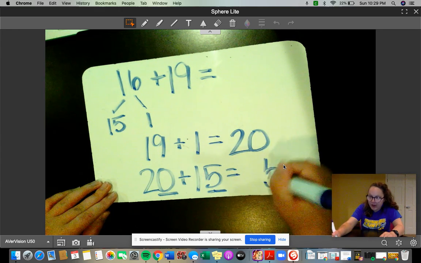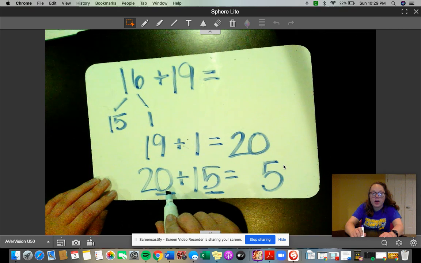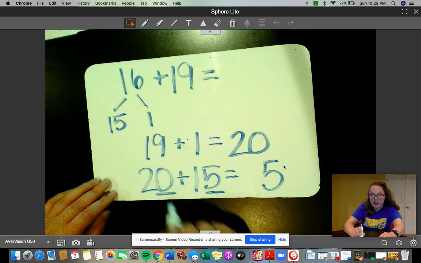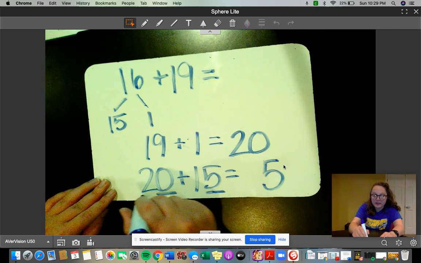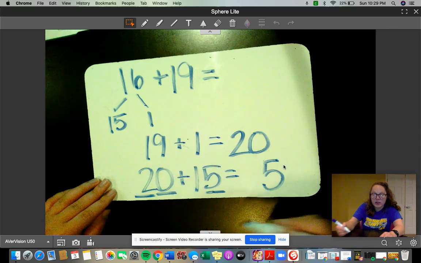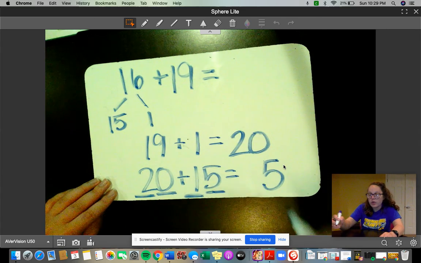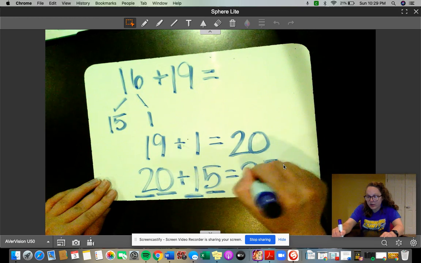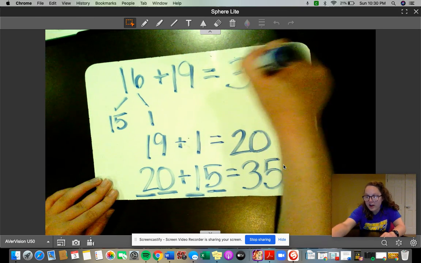So that 5 is going to stay the same because I don't have any ones in my 20, and I have 5 ones in my 15. Now I'm going to look at the tens. In my 20, I have 2 tens, and in my 15, I have 1. So 2 plus 1 is going to equal 3. So this is going to give me 35 as an answer.